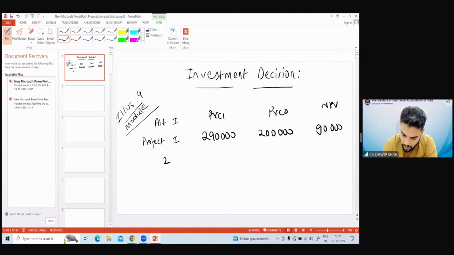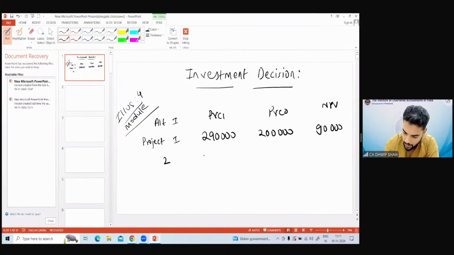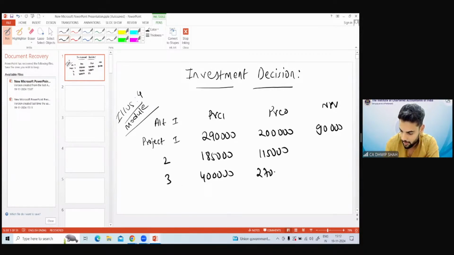Project 2, 185 and 115. And project 3, 4 lakh and 270. So 130 is the NPV for project 3, and for project 2 it is 70,000.